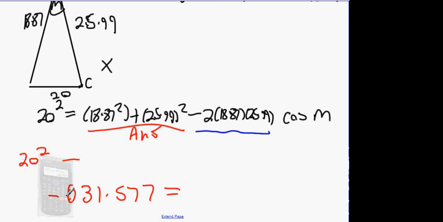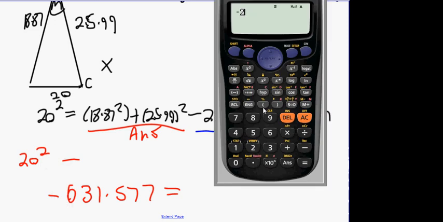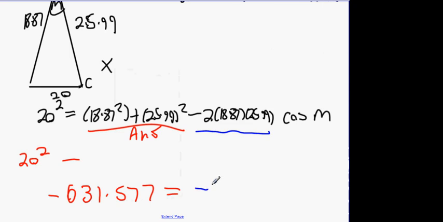Next thing I'm going to do is multiply this part here in the calculator. It's going to be minus 2, brackets 18.87, multiplied by 25.99. That's minus 980.8626.